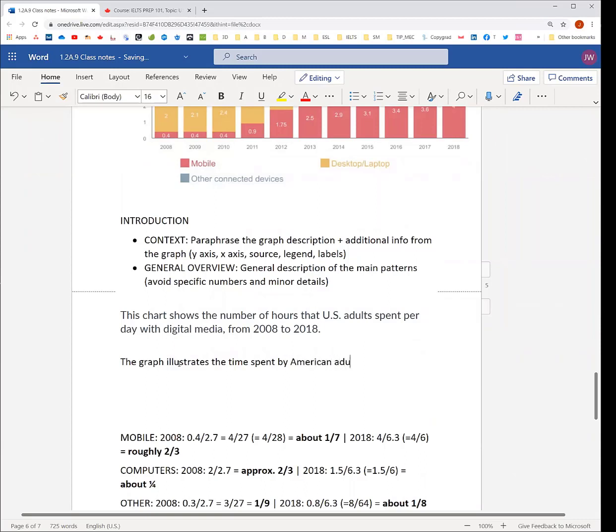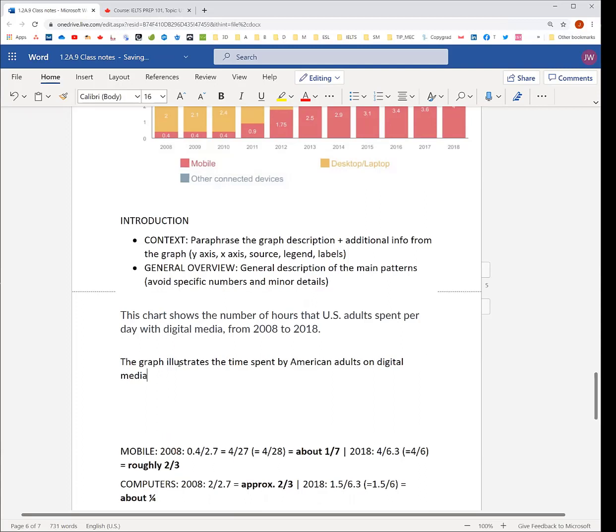Good. So you spend time on digital media. That doesn't have a good synonym. So when it says from to, we can change it to between and. Okay, it's always from to, between and.